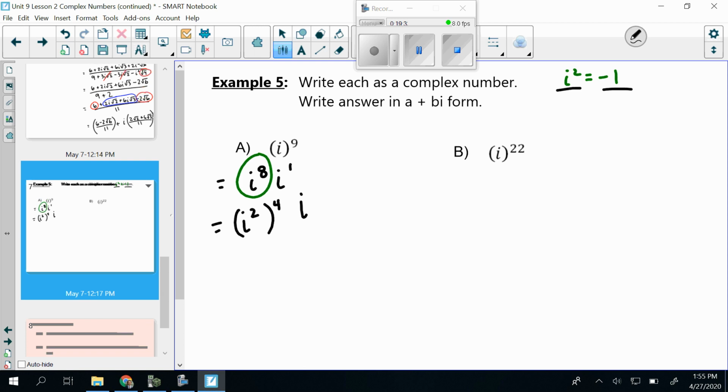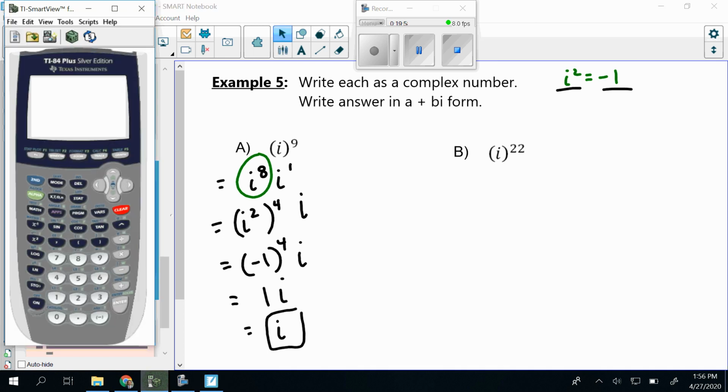So we're going to replace this I squared now with -1 to the 4th power times I. And then what would -1 to the 4th power be? Well, if you had -1 times -1 times -1 four times, what would you get? It should end up being a +1 there. And so the answer to this one would be 1I, or just I.